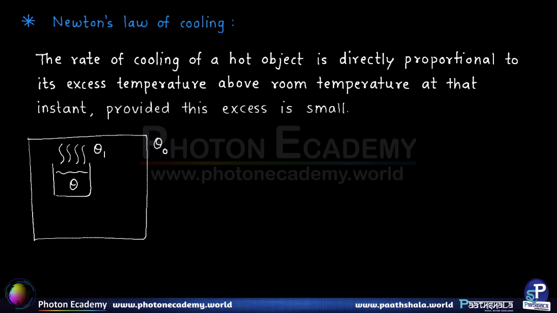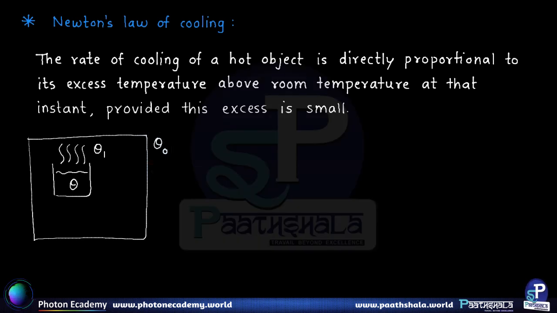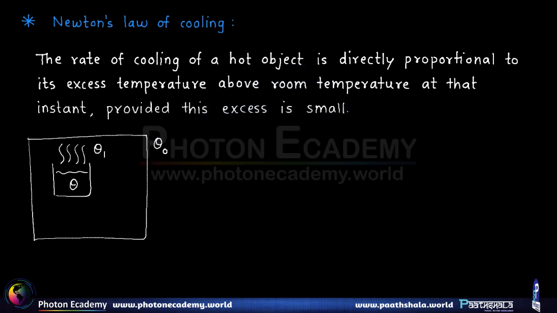What Newton's law of cooling says is that it has been observed that the rate of cooling, that is the rate of drop of the temperature of the hot object, is directly proportional to its excess temperature over the surroundings. That means if you want to now write the differential equation, the rate of change of temperature is nothing but d theta by dt, right?